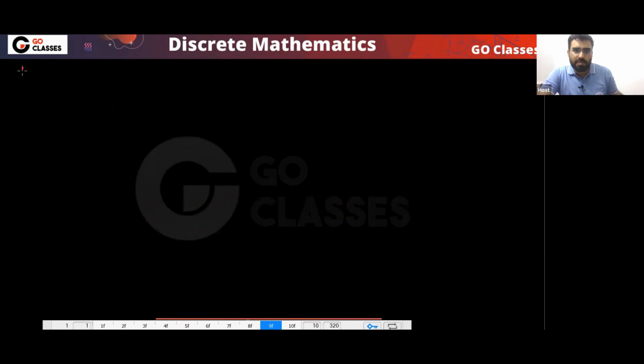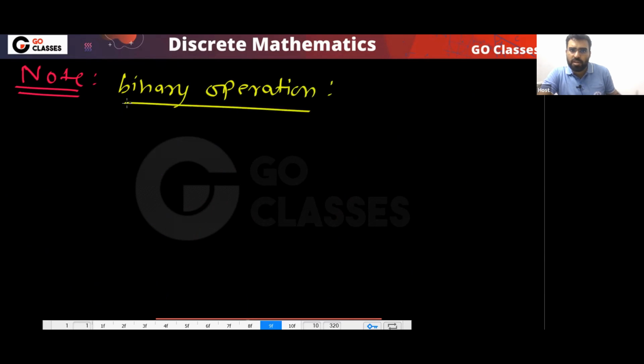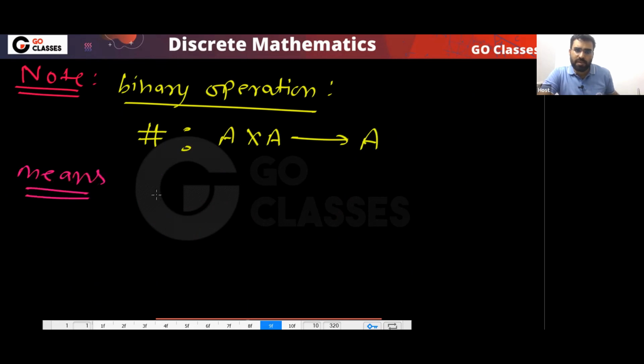So anytime, remember this point, if I give you a binary operation from A cross A to A, and let's assume hash of a comma b, first tell me what this means.